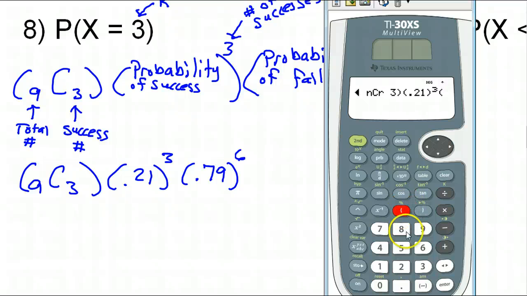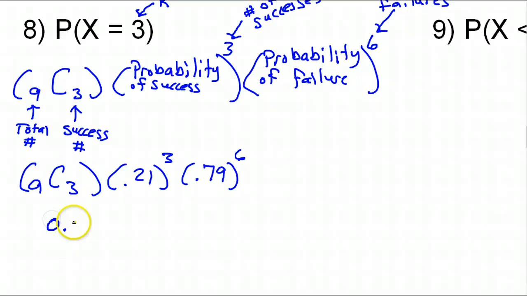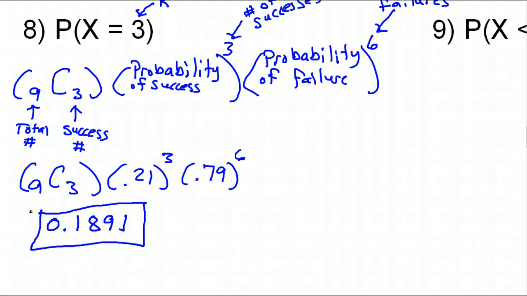And then I'm going to do times the probability of failure to the power of the number of failures. So there I have it. Give me 4 decimal places: 0.1891. So that would be your answer to number 8.